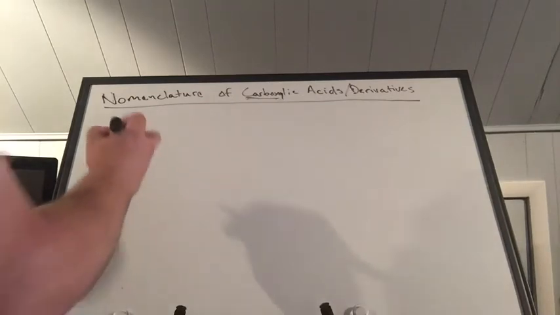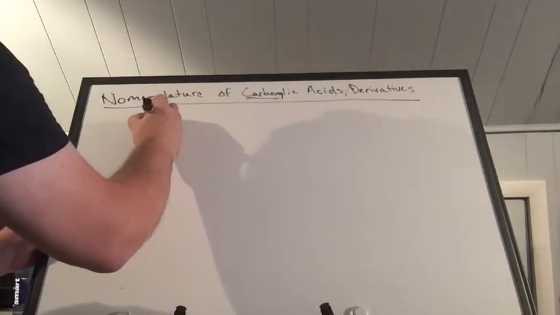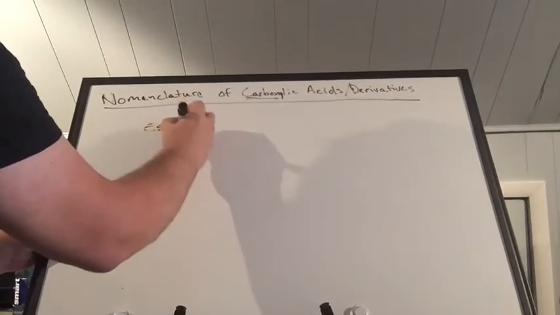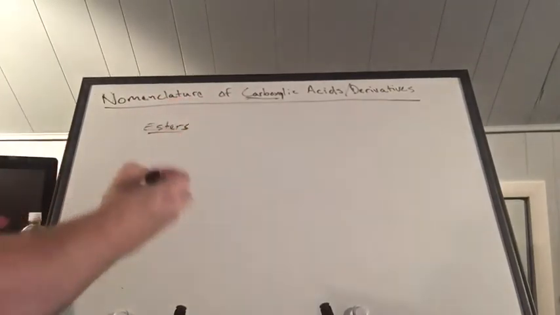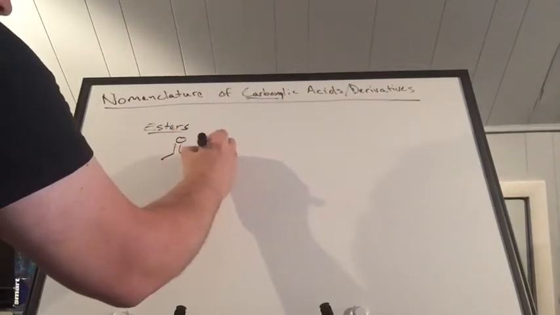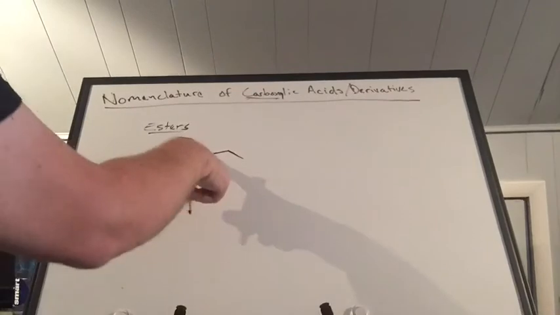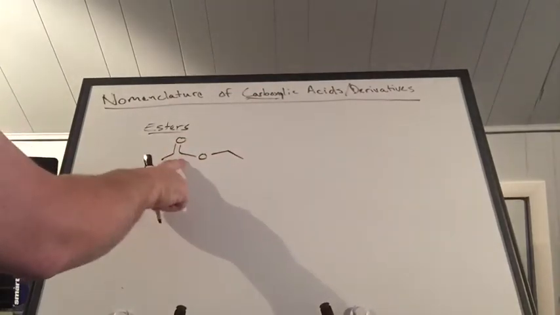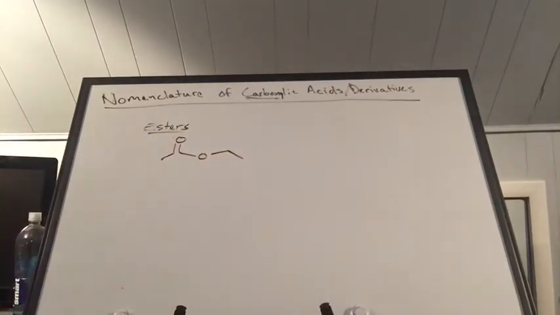But let's just kind of quickly go over esters. So for instance, you've seen ethyl, which would just be this side, acetate, which would be on the left side here.